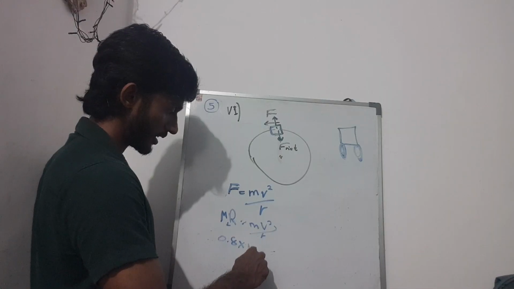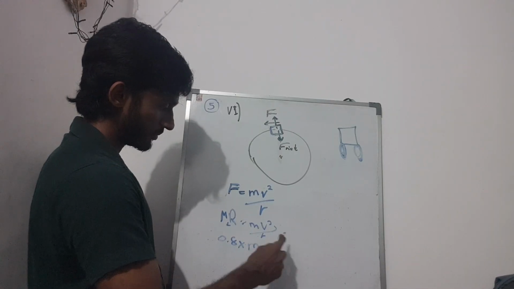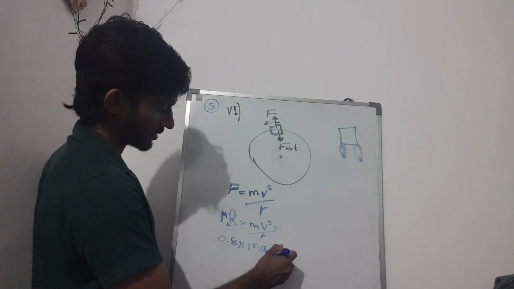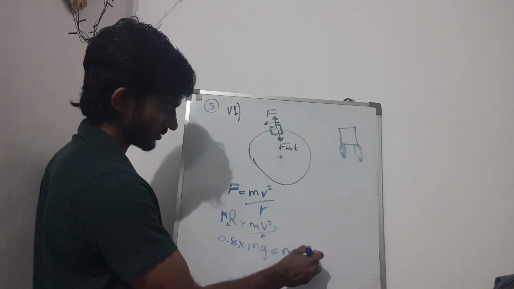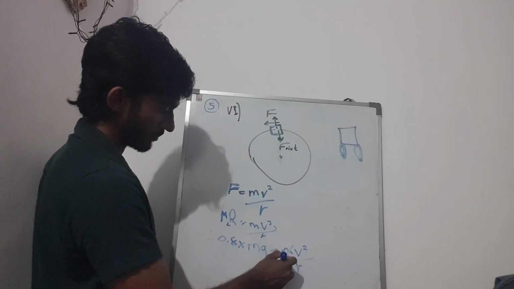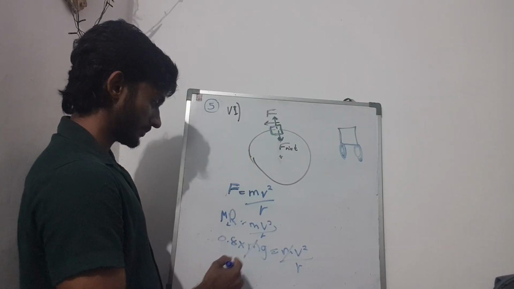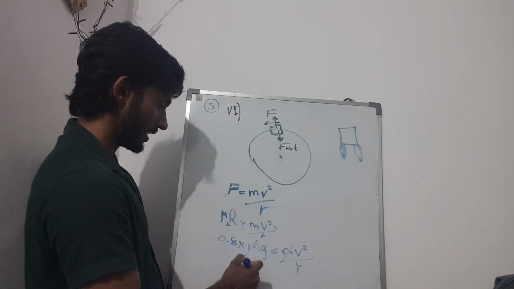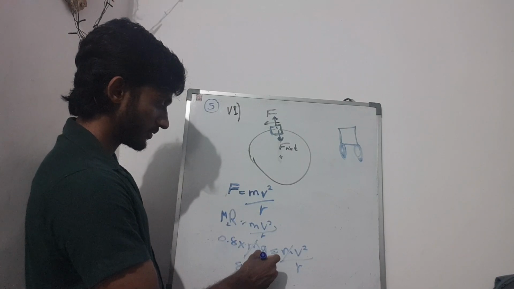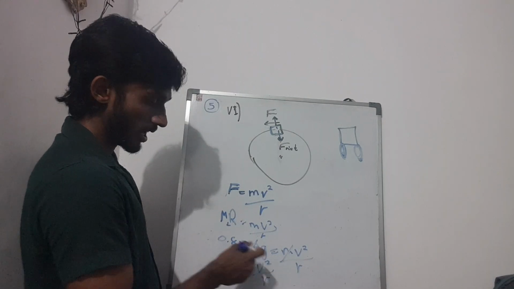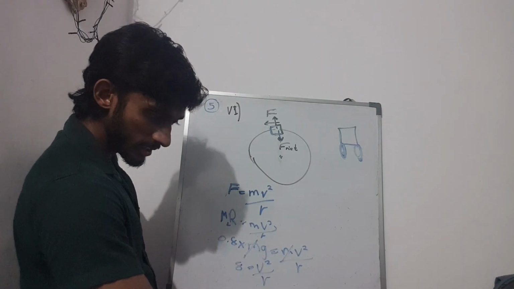We can write mg because m cancels. mg is 10, 0.8 equals v squared over r. r is the radius, which is given.